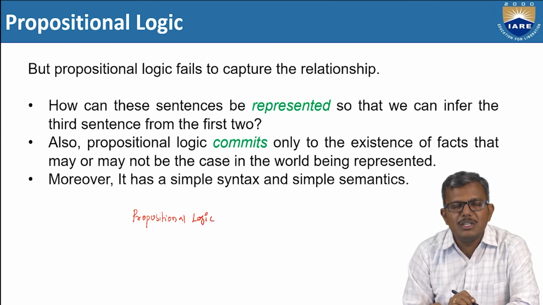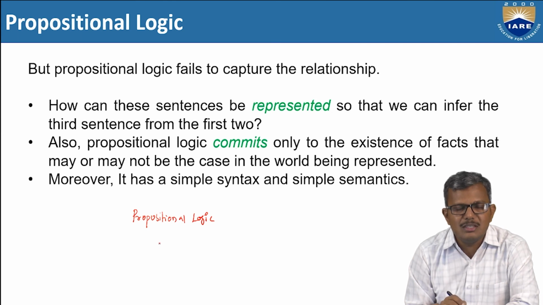Propositional logic, as I just mentioned, failed in showing the relationship between the objects or between the sentences. All men are mortal, right? It failed to show the relationship between men and mortal. If that is the case, then we cannot use propositional logic to generate inferences.